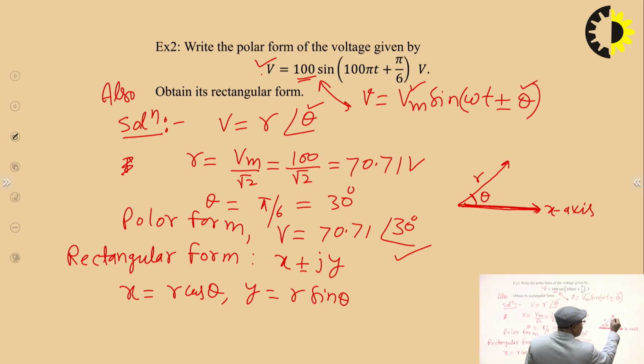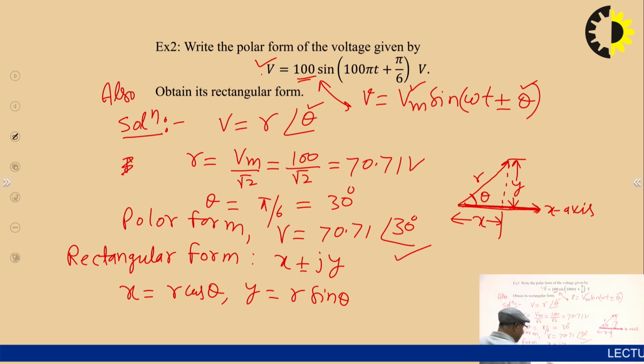Then its two components are x and y. From this triangle, we can easily see that x will be r cos theta and y will be r sin theta, where r is the RMS value of the AC quantity and theta is its phase angle.